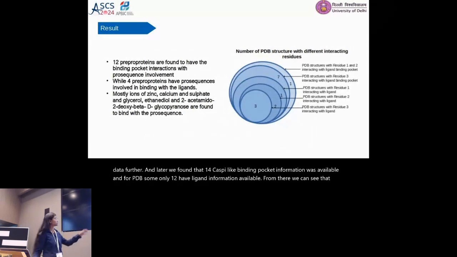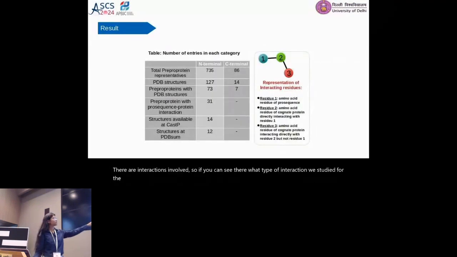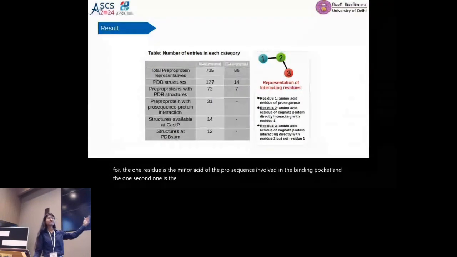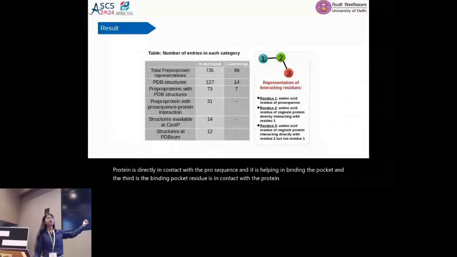So you can see what types of interactions we studied. For the first, the amino acid of the pro-sequence is involved in the binding pocket. The second is that the protein residue is directly involved and is helping in binding the pocket. And the third is that the binding pocket residue is in contact with a protein residue, which is in direct contact with the pro-sequence.